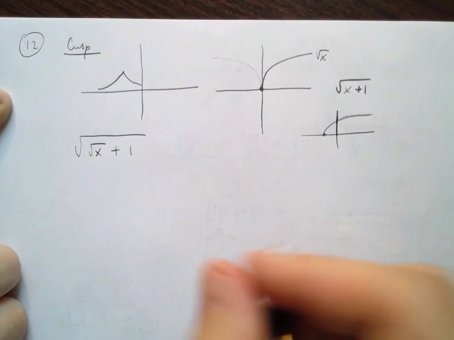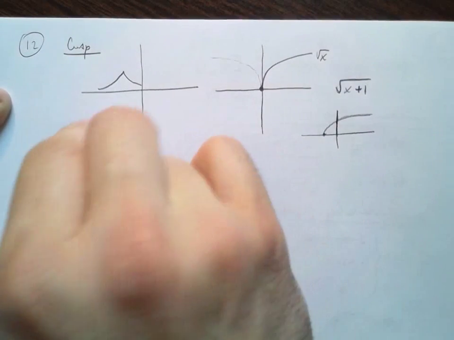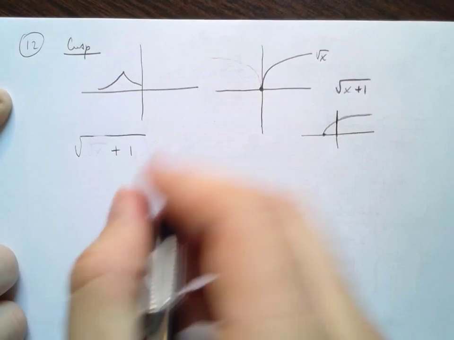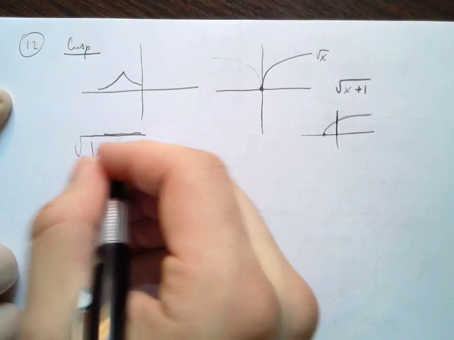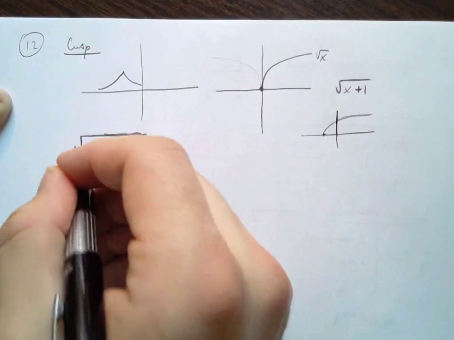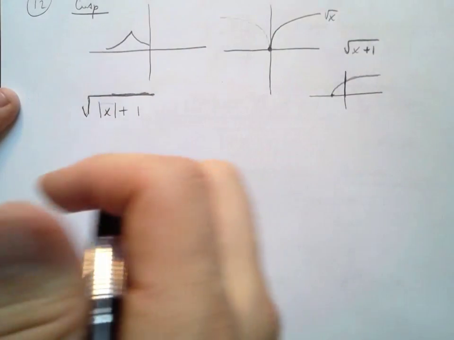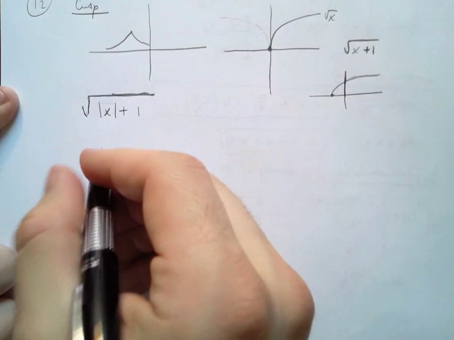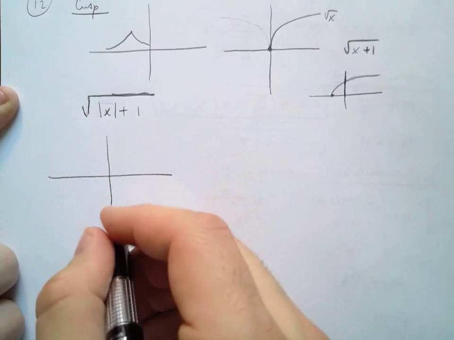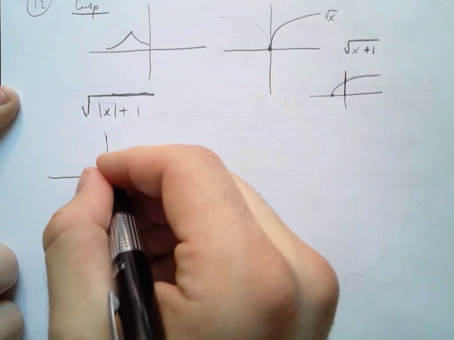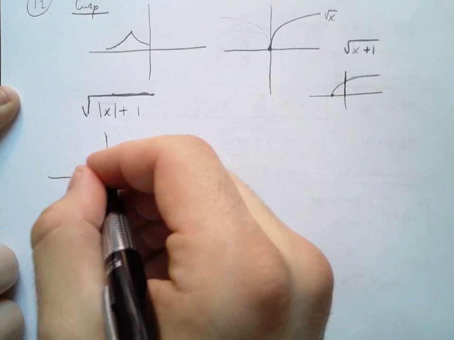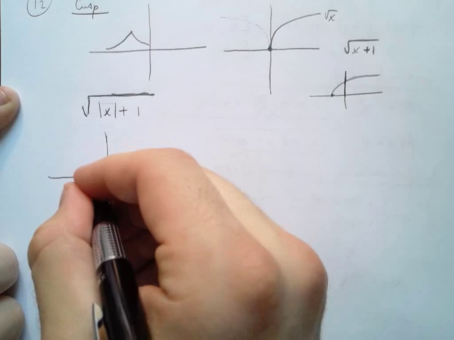Another way to do this, and I think a better way to do this, I can say take the square root of the absolute value of x plus 1. So now what this is going to look like is I simply have the following, right? The square root of x plus 1 looks like this. Absolute value of x is always greater than 0.